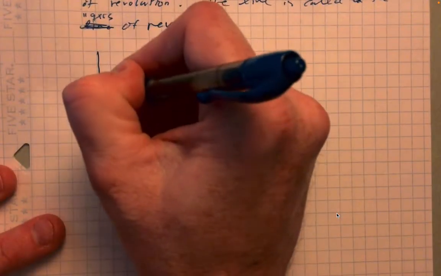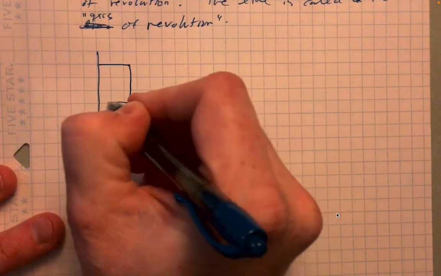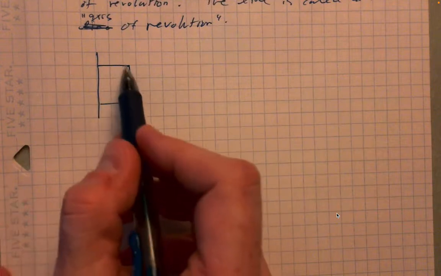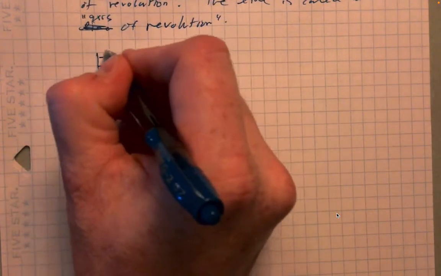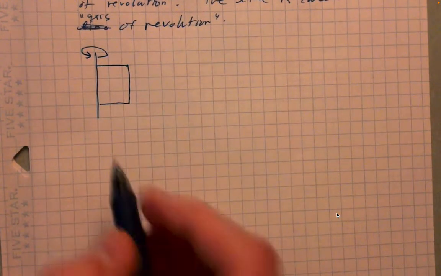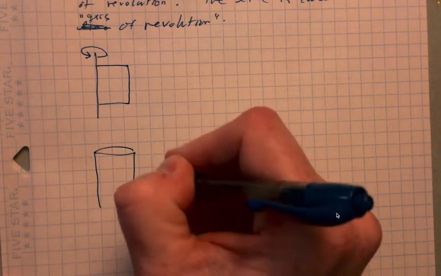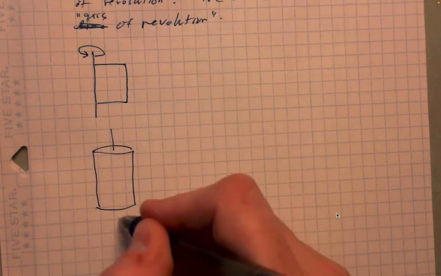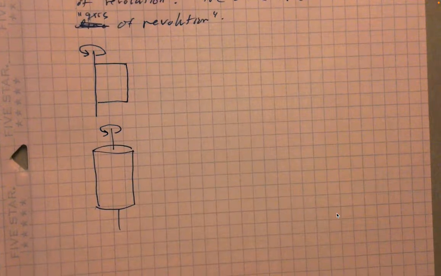Let's say I've got a line here, and off of it I build a rectangle. This rectangle is a planar shape, right? If I rotate it around this line, what I might expect to get is a cylinder.